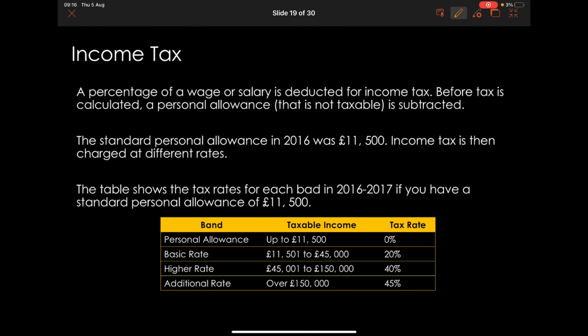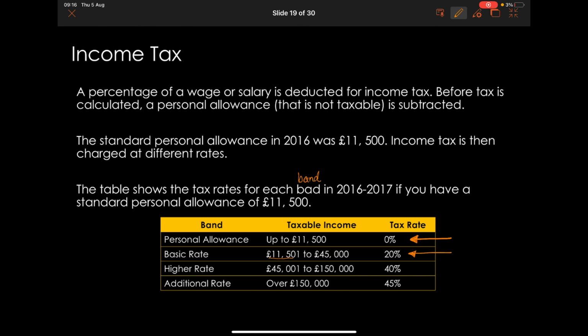The table shows the tax rates for each band, sorry guys, in 2016 to 17, if you have a standard personal allowance of £11,500. So, if you earn up to £11,500, you're not taxed at all. If you earn between £11,501 and £45,000, you're taxed at 20%.